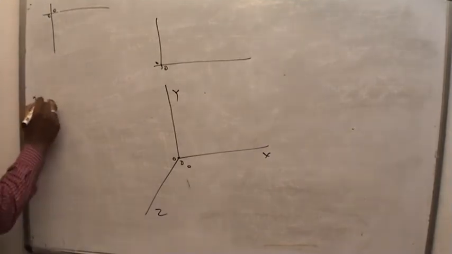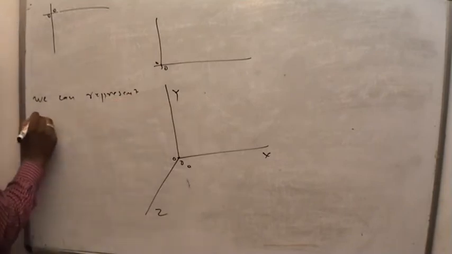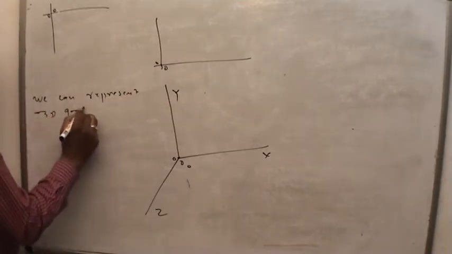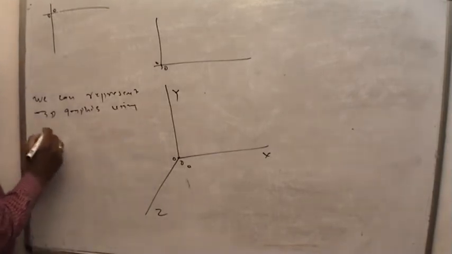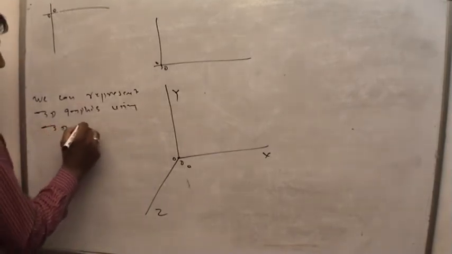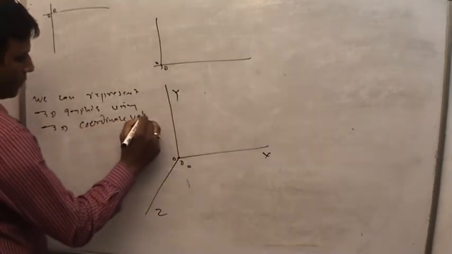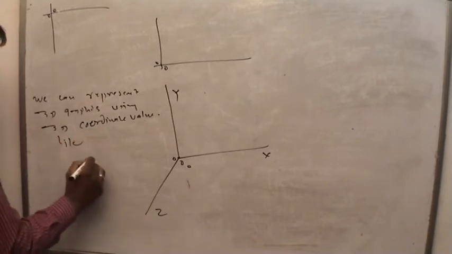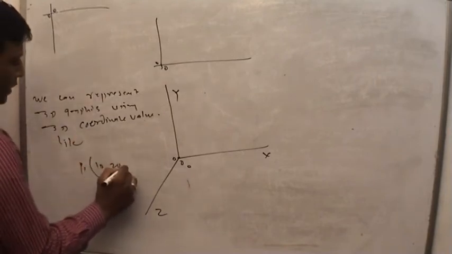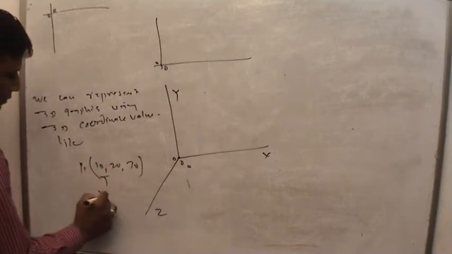We can represent 3D graphics using 3 coordinate values, like P1 represents 10, 20 and 30. This is the x coordinate value.